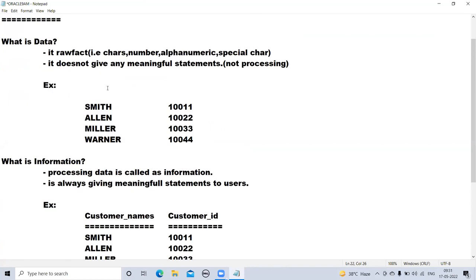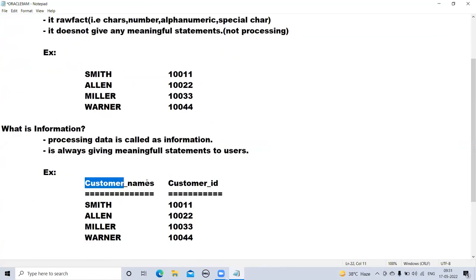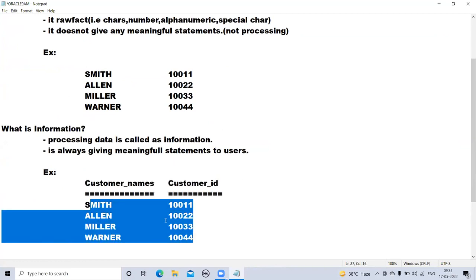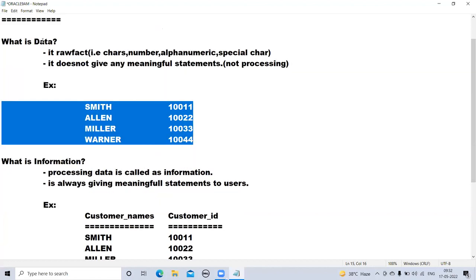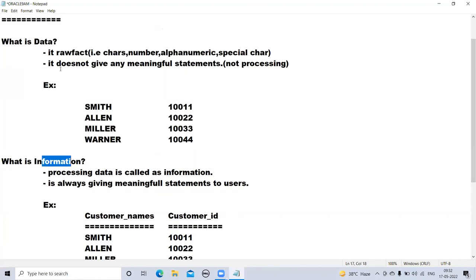It's a very slight difference. Here we predict our data, then it is called information. And here we are not predicting our data, then it is called a raw fact. So this is the difference between data and information. Slight difference, guys.